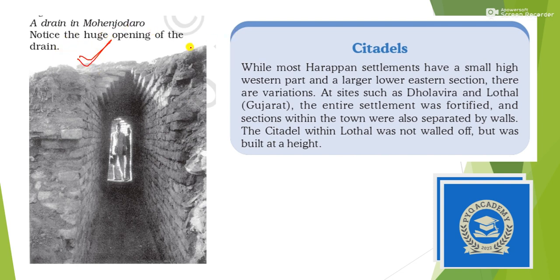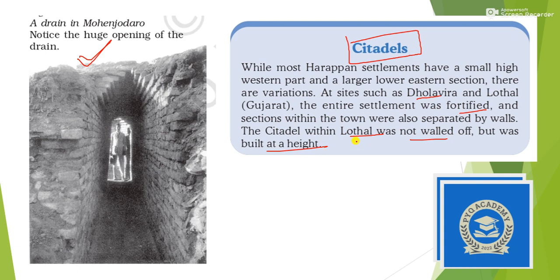Now, important information from where a question can be asked. While most Harappan settlements have a small high western part and a larger lower eastern section, at the sites of Dholavira and Lothal in Gujarat the entire settlement was fortified, and the sections within the town were also separated by walls. The citadel within Lothal was not walled off, but was built at a height.